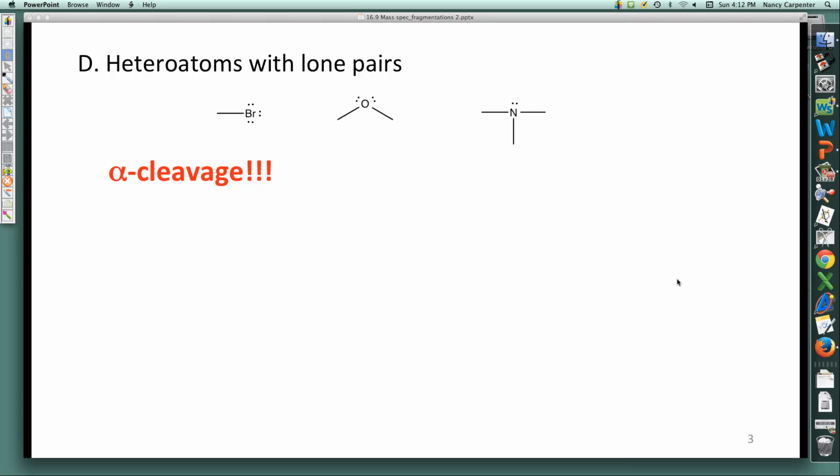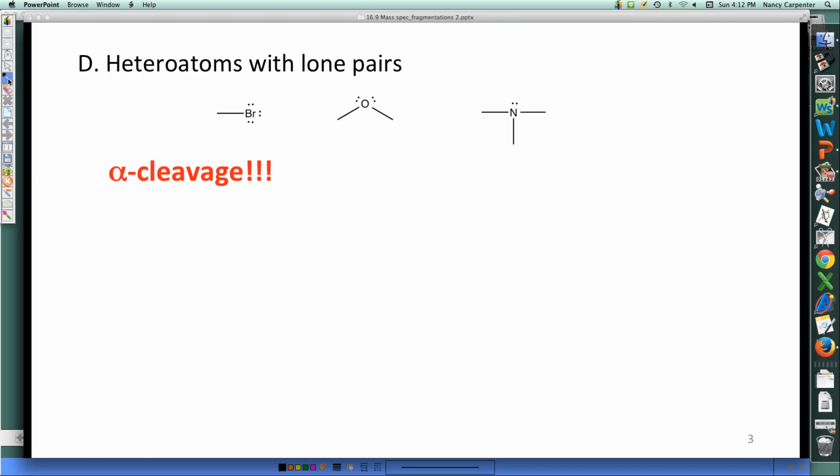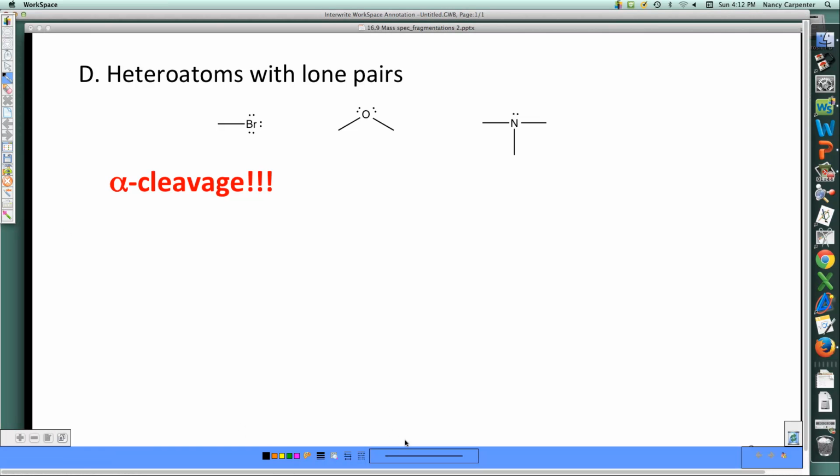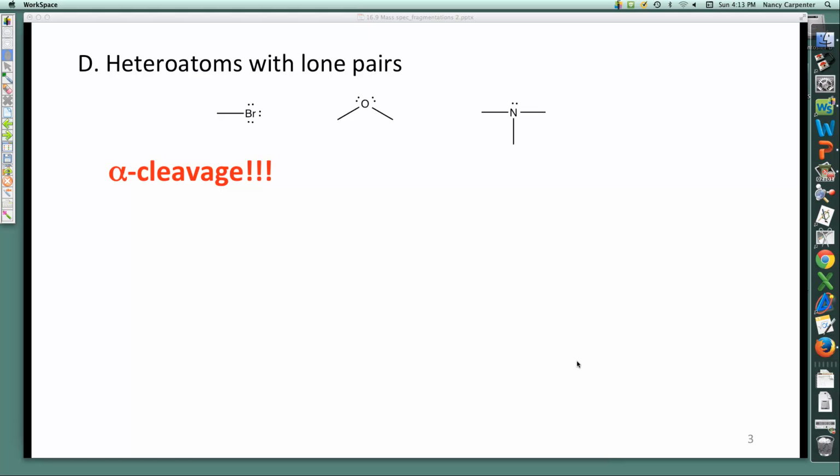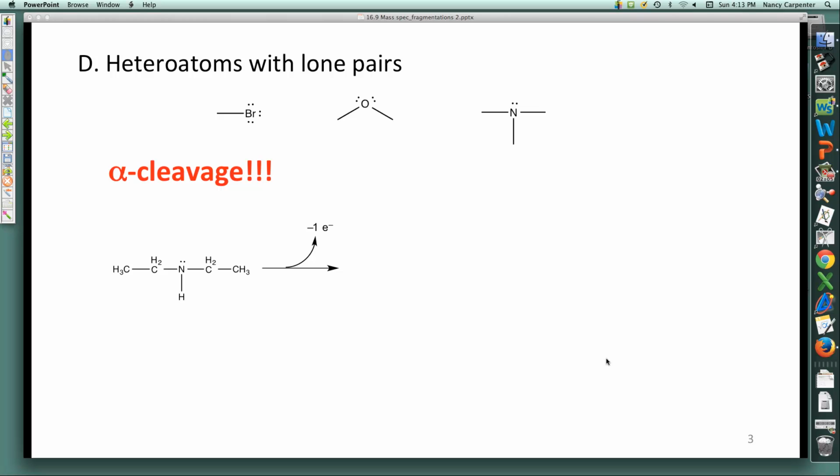Once you kick out the electron, recall that the n molecular orbital, the non-bonding pair of electrons, is the highest energy orbital. That's where we're going to kick the lone pair electron out of. So we can localize our odd electron on the heteroatom, and then we get alpha cleavage.